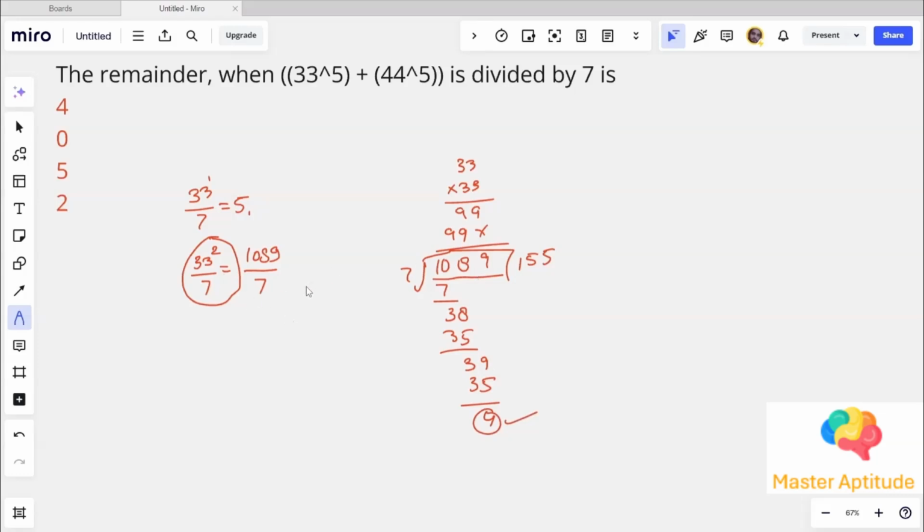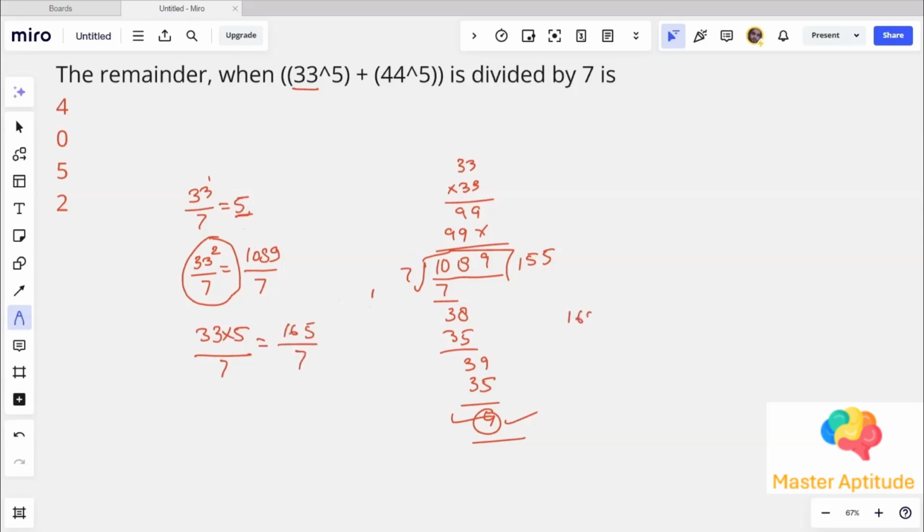What can we do to make the calculation short and get the remainder as 4 the same? So this is the trick. We will take the base, this is our base 33, and we will multiply the base with the previous remainder. Our previous remainder is 5, so we will multiply this and divide by 7. 5 3 is 15, 5 1 carry, 5 3 is 15, 165 divided by 7.